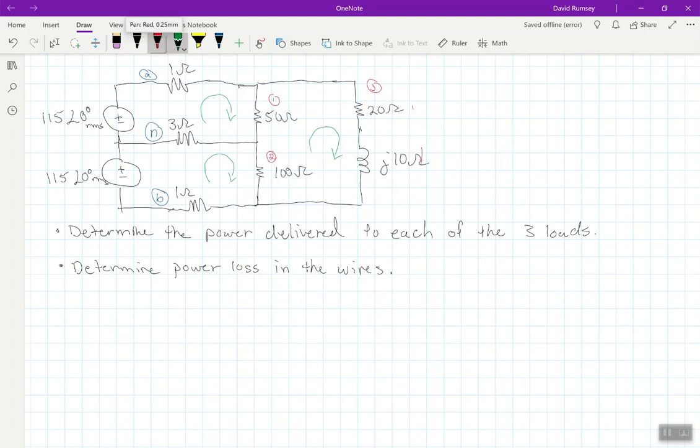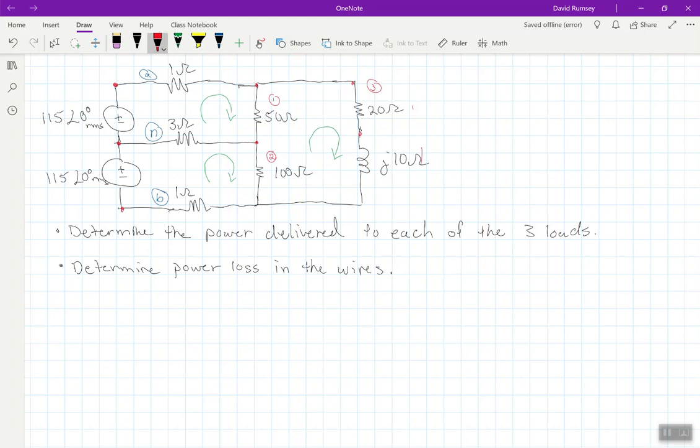If I start trying to count up my nodes, even if I know the voltages at particular nodes, the number of nodes is significant compared to the number of loops. So loops make the most sense because it's going to be the fewest number of equations to write, and they're not going to be that difficult to write.